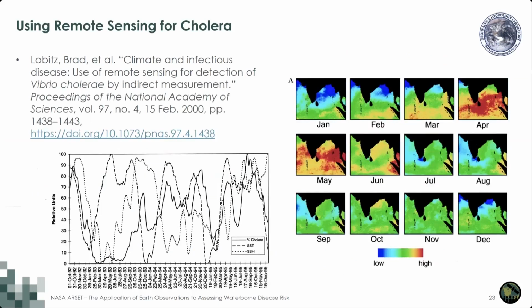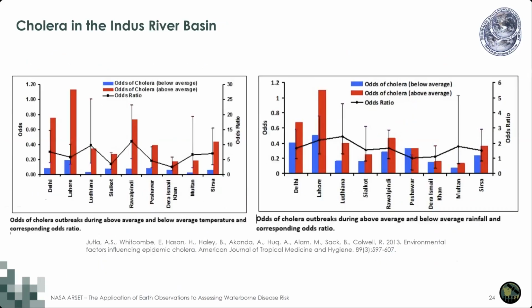A lot of the work on remote sensing for waterborne diseases really started with this paper, establishing the correlation between a combination of sea surface temperature and sea surface height, where warm waters will inundate the inland areas, allowing the proliferation of cholera in the water bodies where people get their drinking water or wash their clothes, where the interaction between human and pathogen is much more likely. Since then, a lot more work has been done in a similar area.